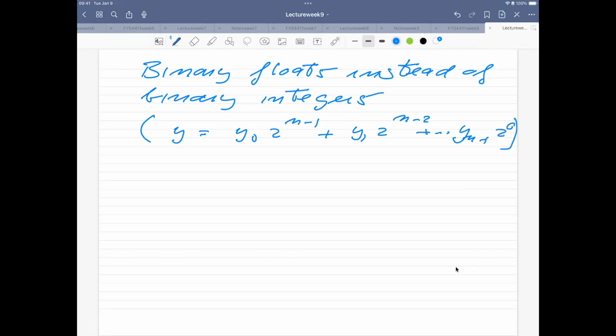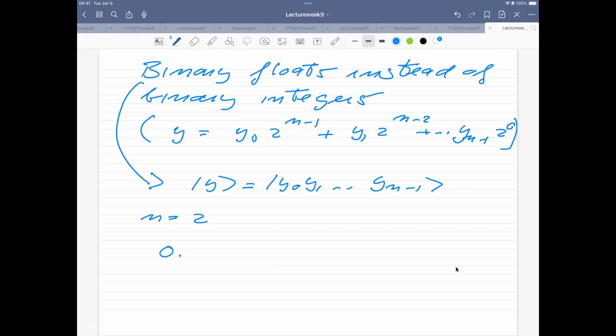But then we could replace that with binary floats, where we set up a formula like this. We have a state y equal to y0, y1 up to y_(n-1). If I look at the n equal 2 case, I could define a binary float where 0.y1 is equal to y1 divided by 2.